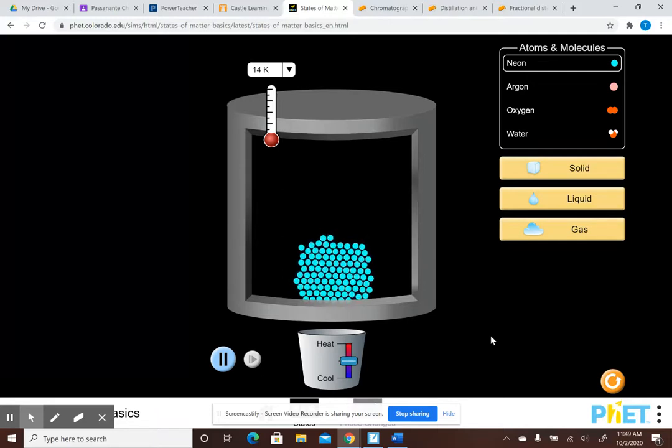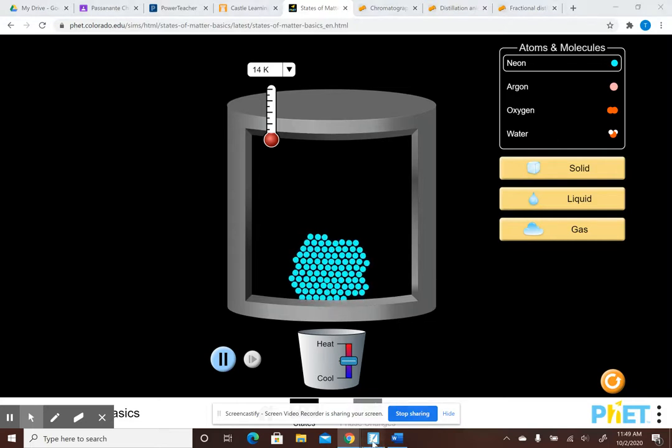They're not really moving to different spots. They're wiggling in their own space. They're also very close together. They're very organized. They're very neat. And as far as how fast they're moving compared to the liquid and the gas phase, they're not moving very fast. They don't have a lot of energy. They're staying in the same spot.